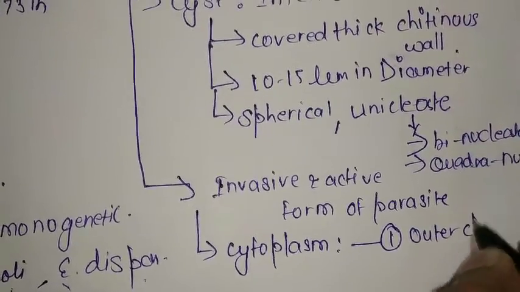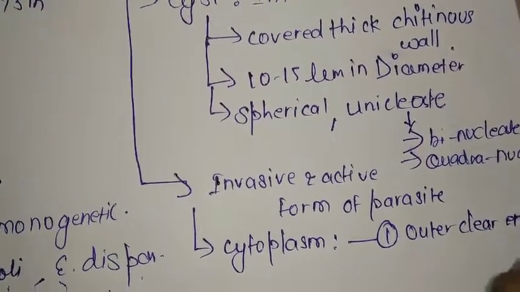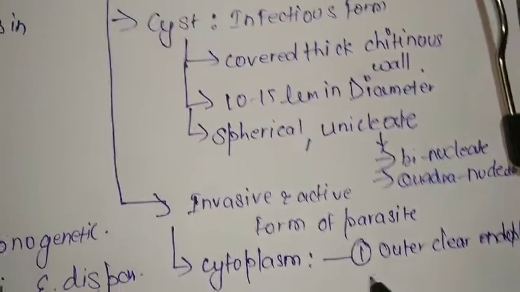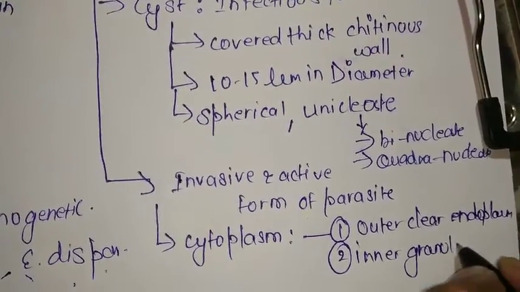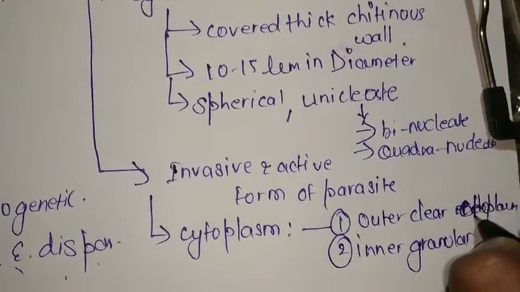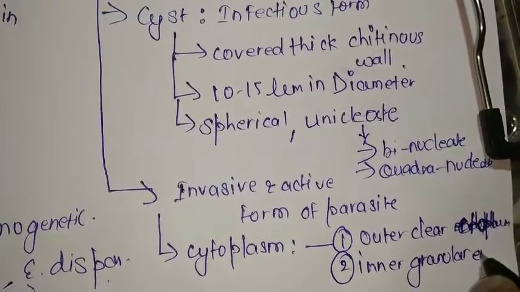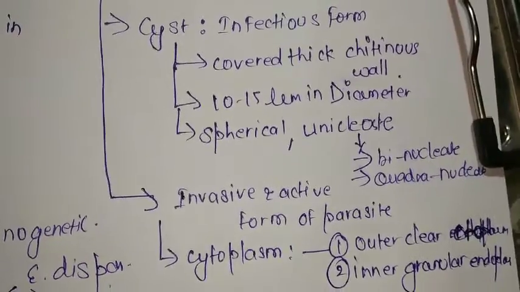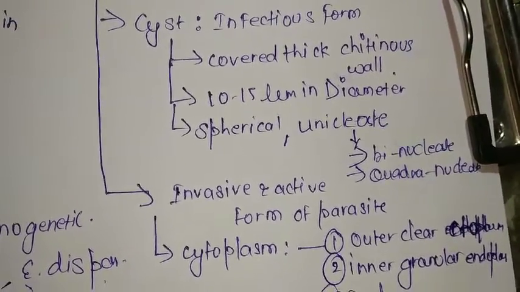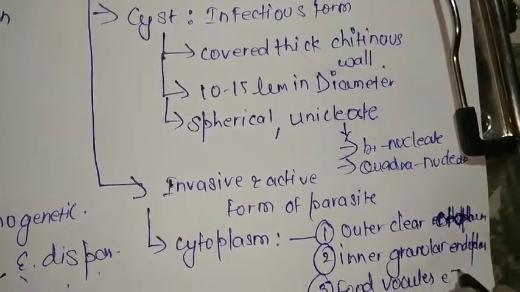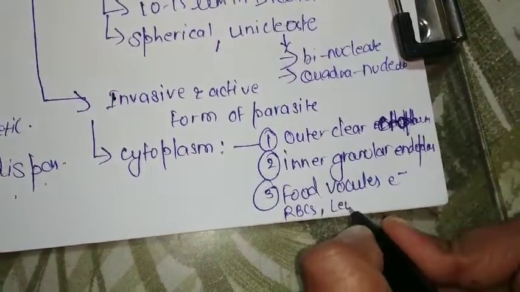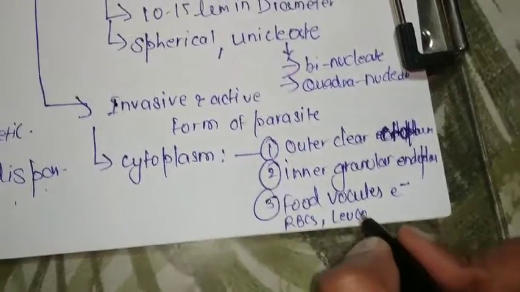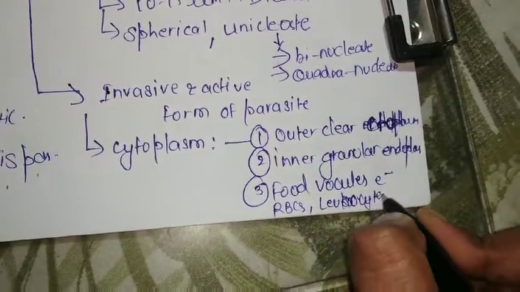First layer is the outer clear ectoplasm, and second layer is the inner granular endoplasm, and the last one is food vacuoles consisting of RBCs and leukocytes along with tissue debris.